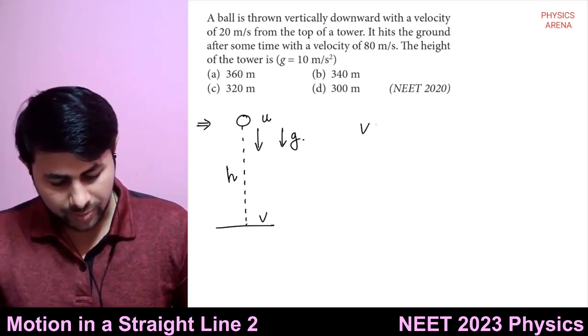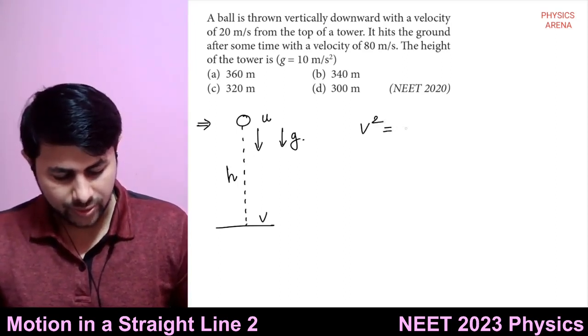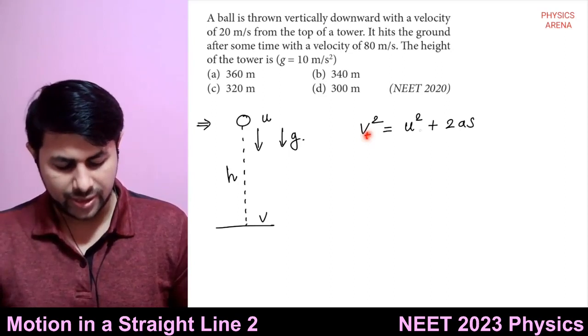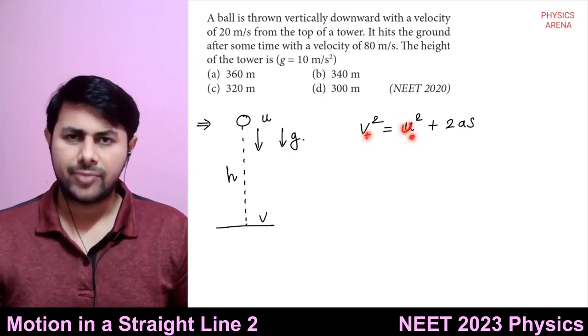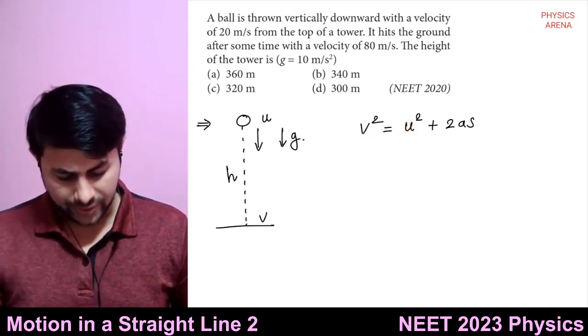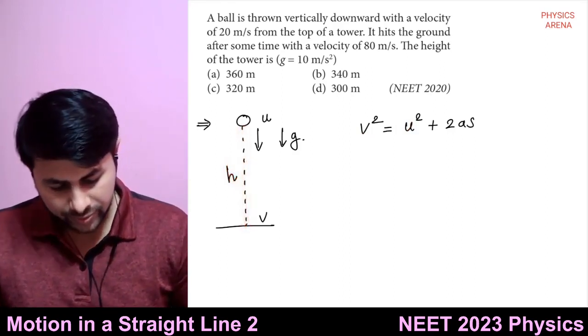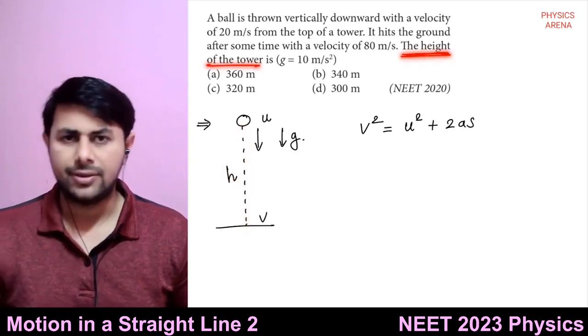So this formula, v square equals u square plus 2 times a multiplied by s, or we used vt square equals v naught square plus 2 times a multiplied by s. Here s is equal to this height, and we are asked about the height, right?